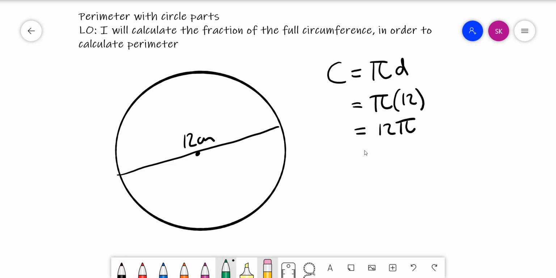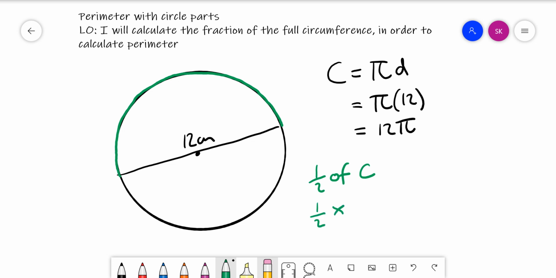But if I wanted to find half of the circumference, so I found an arc, the length of this arc in green, which is only around half of the circumference, how would I find the length of that? Can you think? Well, because we're dealing with half of this full circumference, half of C, all we have to do is think of "of" in maths as times.